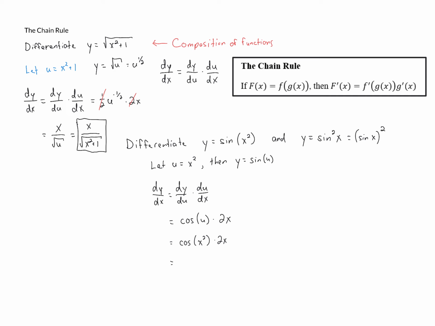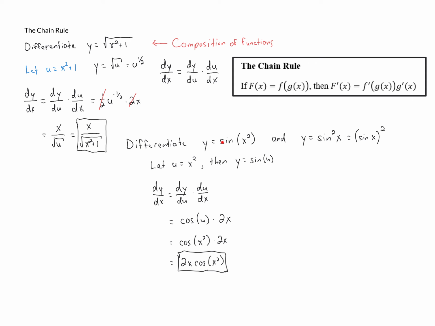And we usually put coefficients out front. I think it looks nicest if we write 2x cosine of x squared. Either way, though, we have our derivative. All right? You don't actually have to write out all of this. We can remember that the chain rule says when we're differentiating a composition, we take the derivative of the outer function, evaluated at the inner, times the derivative of the inner.